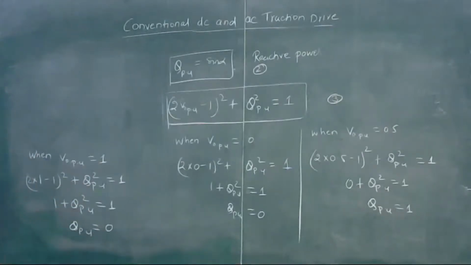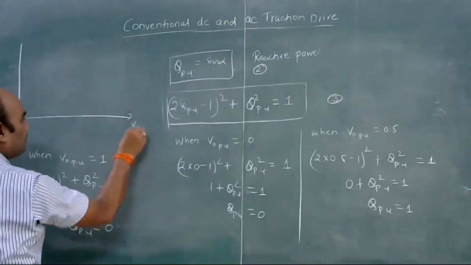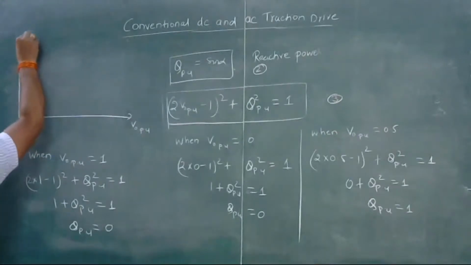Okay, so using this we can plot a curve between V_out per unit and Q per unit.